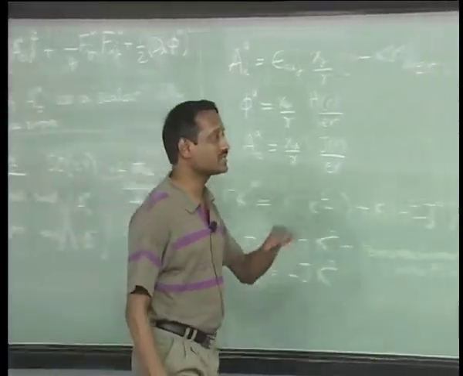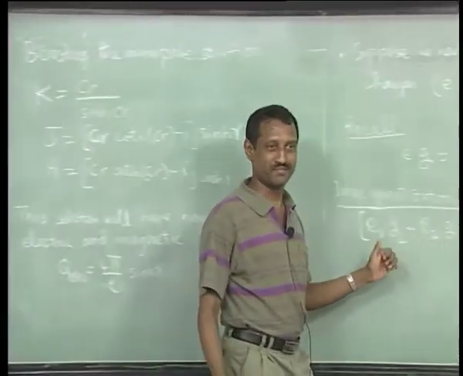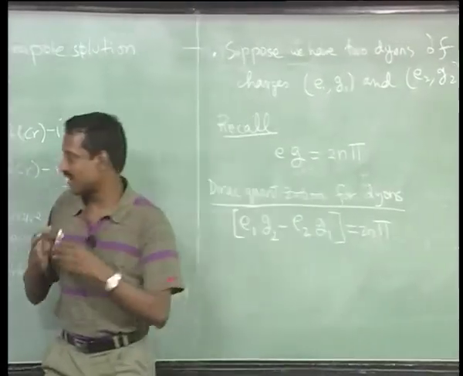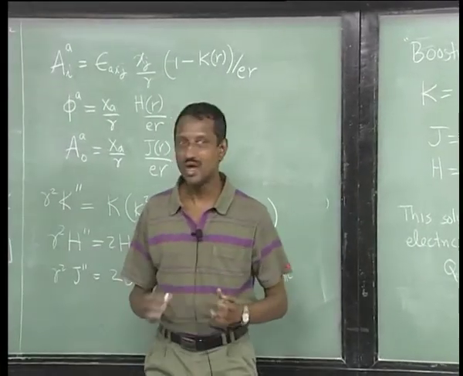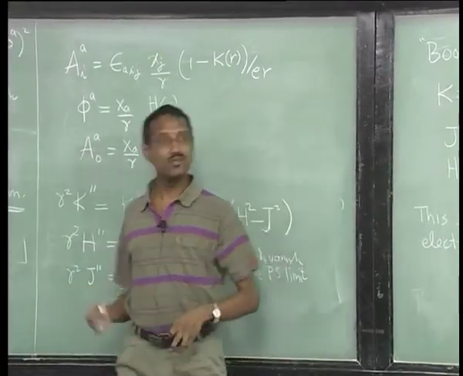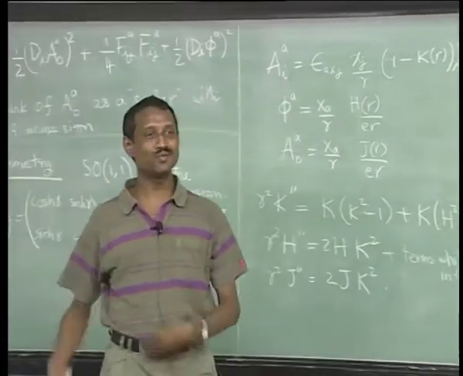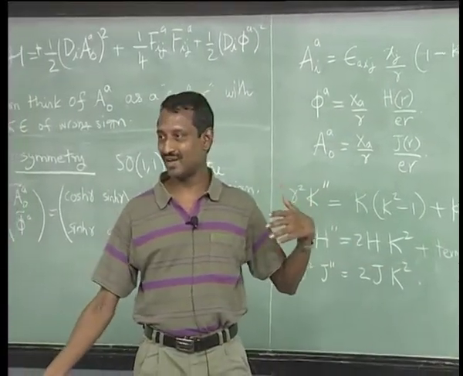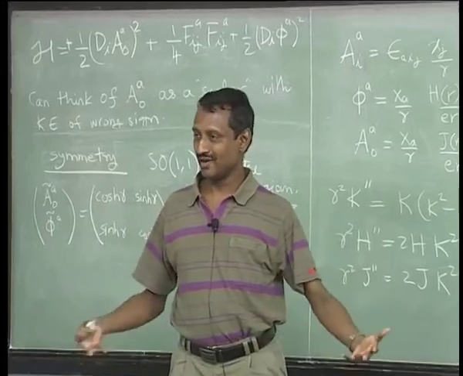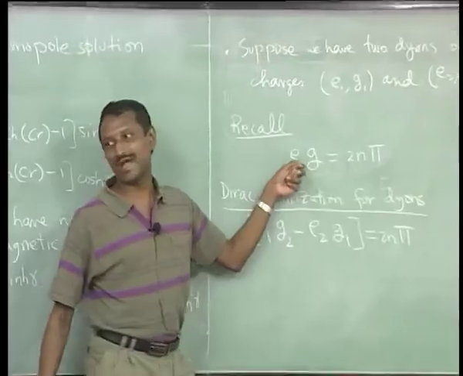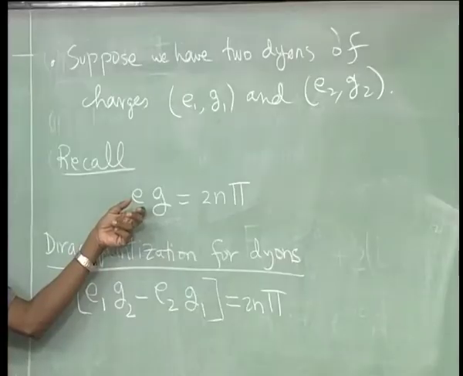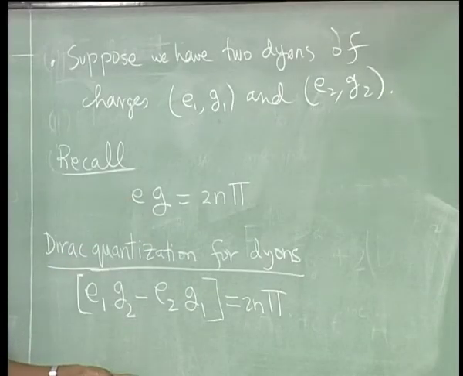This minus sign is important. This is just a consistency check of what I am saying. In some sense what I have in mind is I take a pure monopole and make it into a dyon with a boost. Obviously the same thing, if you give me something pure electric, under the boost even that will pick up a magnetic field. That is an example of a dyon, and this better reduce to that, and that happens. Is this clear?